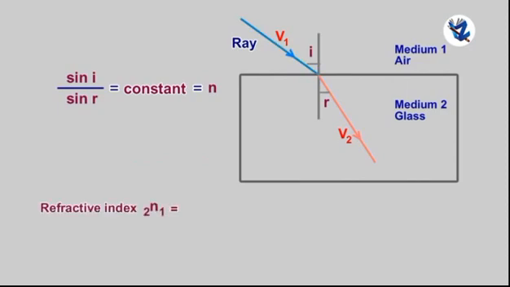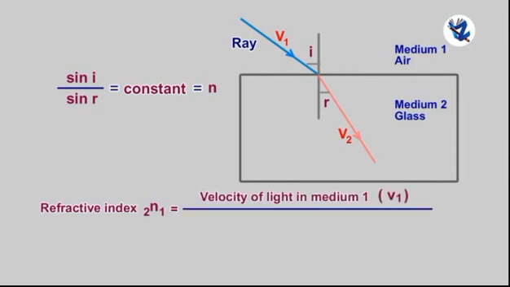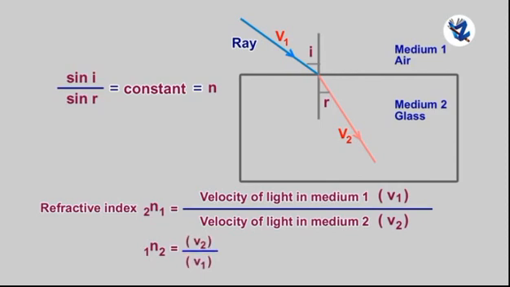The refractive index of the second medium with respect to the first medium, 1n2, is equal to the velocity of light in medium 1, v1, upon the velocity of light in medium 2, v2. Similarly, the refractive index of medium 1 with respect to medium 2, 2n1, is equal to v2 upon v1.